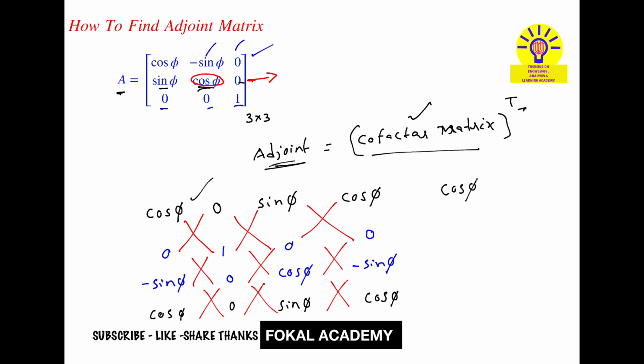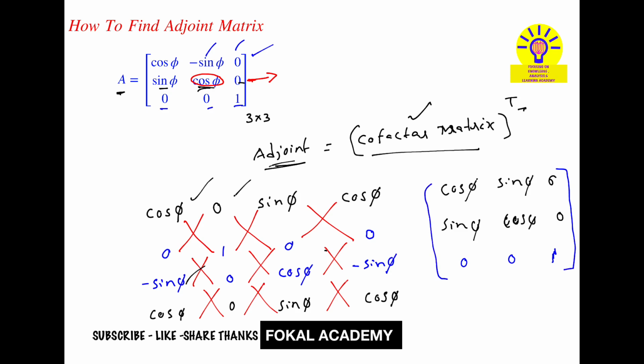Now here we will get sin pi, next 0, next sin pi here, next here cos pi, next here 0, next here 0, next here 0, next here 1. This is the cofactor matrix.